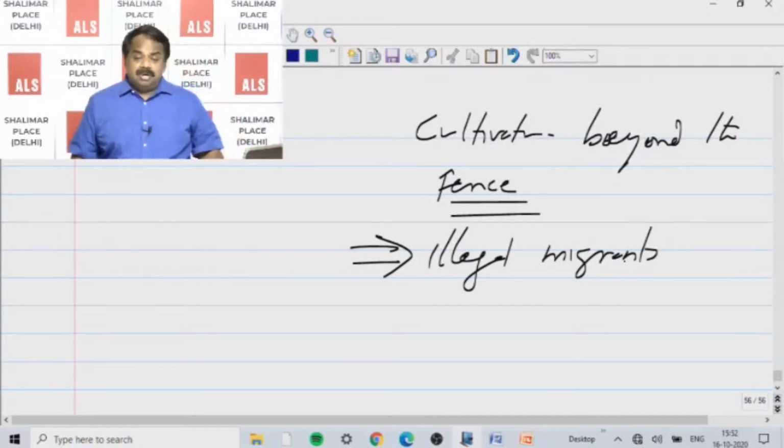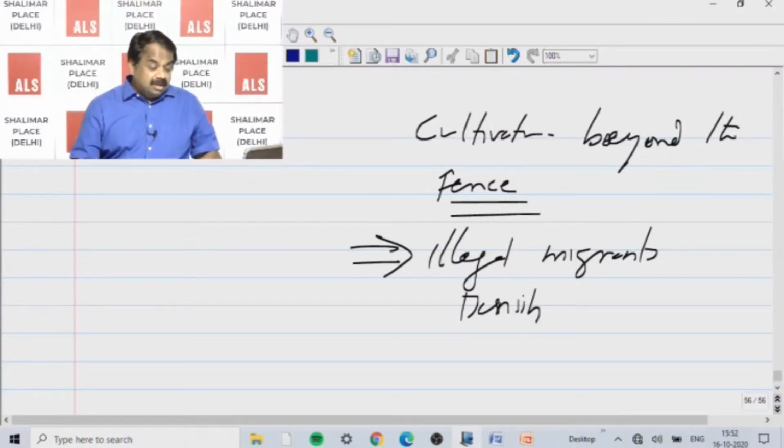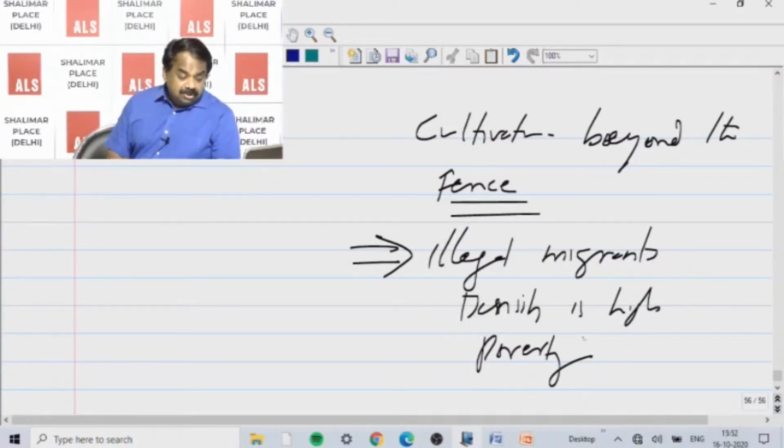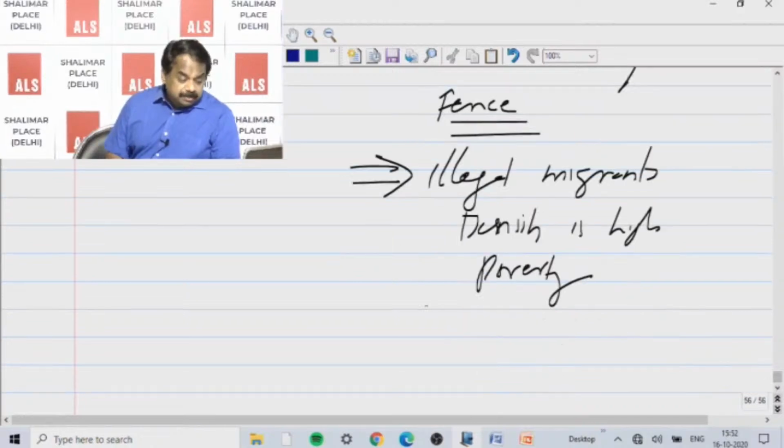Because of the open border and the very high density of population, it is one of the most densely populated regions in the world. Density is high, poverty is also there, and this region is not very prosperous. So naturally, what happens? This has resulted in a lot of subsistence migration to India.